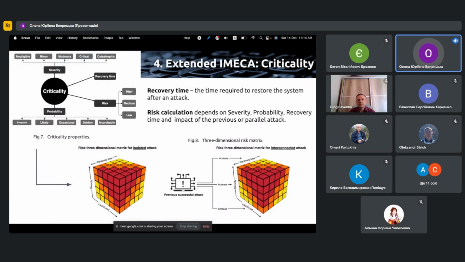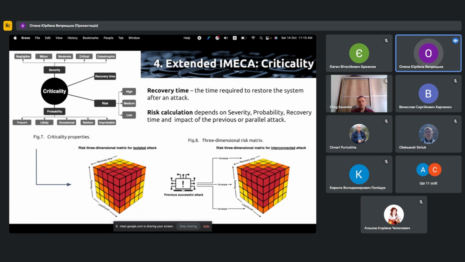Next, let's go to criticality and risk calculation. Risk calculation is one of the important parts of evaluation. For risk calculation, besides severity and probability, it was decided to add recovery time. The less recovery time it takes, the greater the resistance.